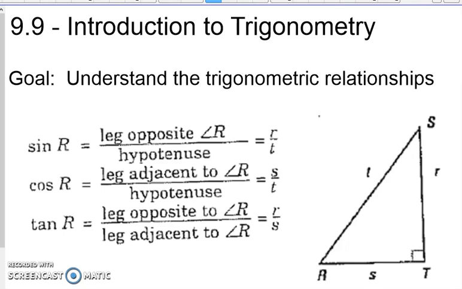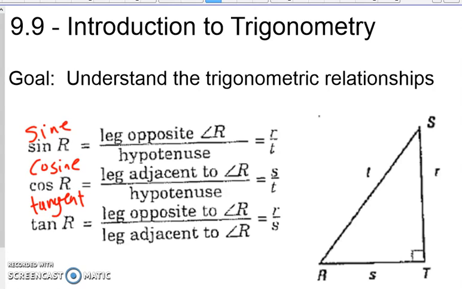So there are three trigonometric relationships: sine, cosine, and tangent, and they are abbreviated sin, cos, tan, and what they are is just ratios of sides with respect to an angle.